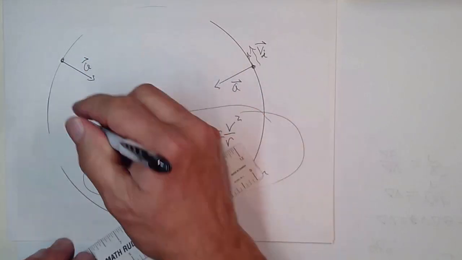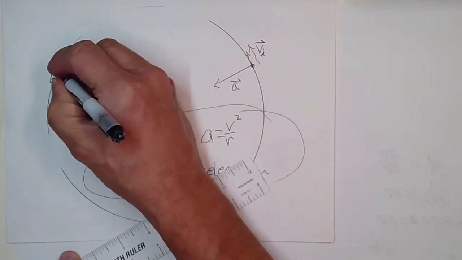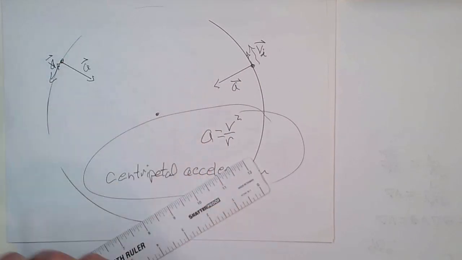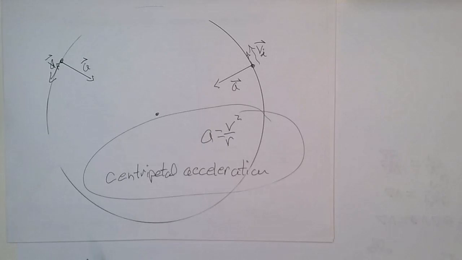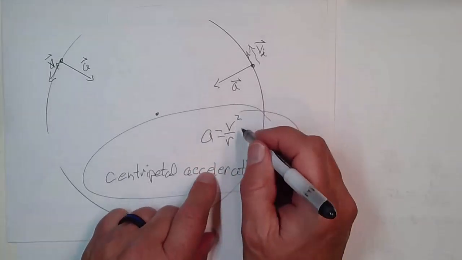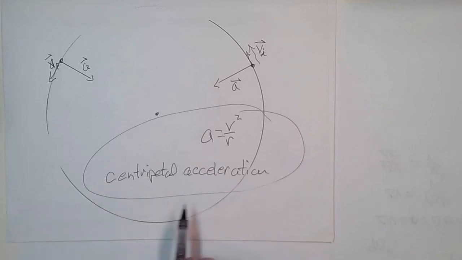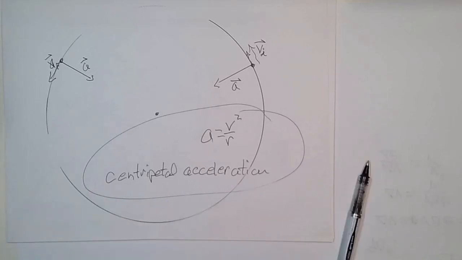It'll still have the same magnitude if it's traveling at constant speed. This could be, oops, V final over here. But that's the direction of the acceleration. And it's given by V squared over R. Centripetal acceleration, a new kind of acceleration for that, and that's what we're going to have in circular motion.